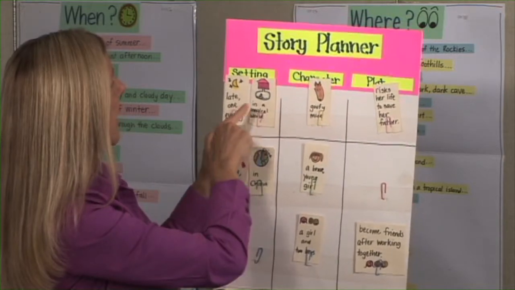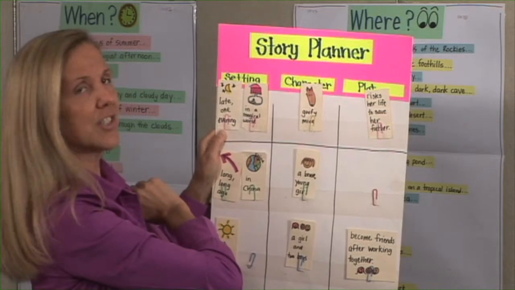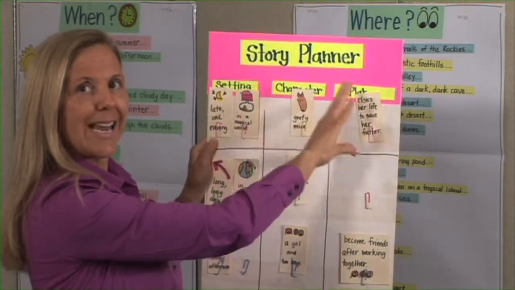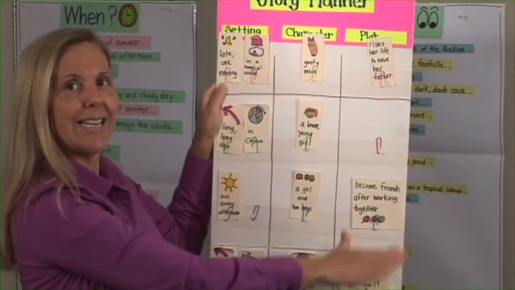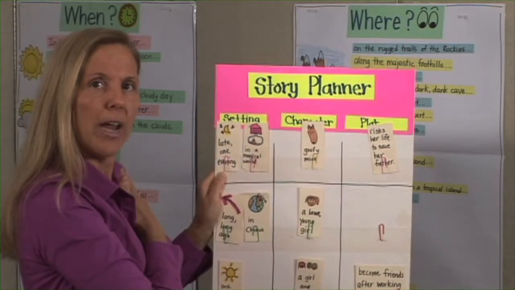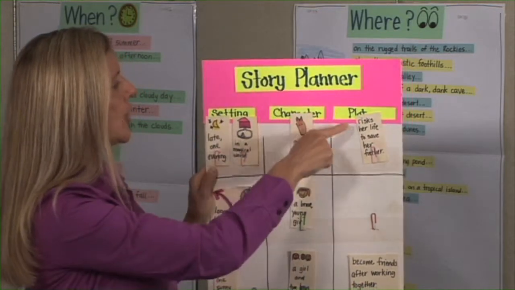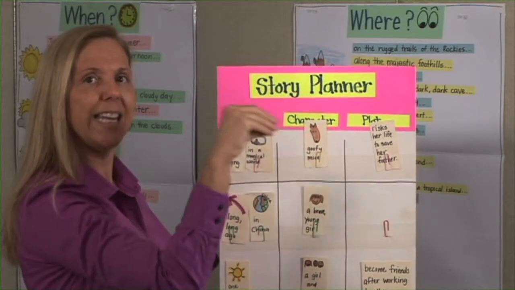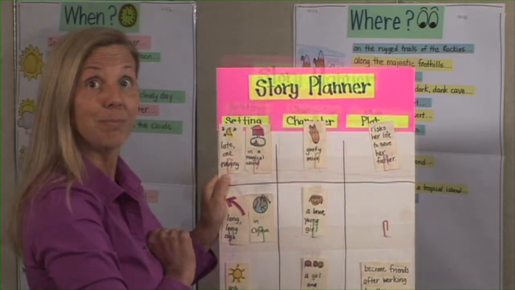We have, late one night, in a magical world, some goofy mice risk their life to save their father. That's going to be our idea for a story. Because what we did was we blended together ideas from other stories that we've read. This is a great way for you to show children not only does identifying the setting, character, and plot help you understand what a story is about, you can also see these different parts and pick and choose from other stories to create your own.